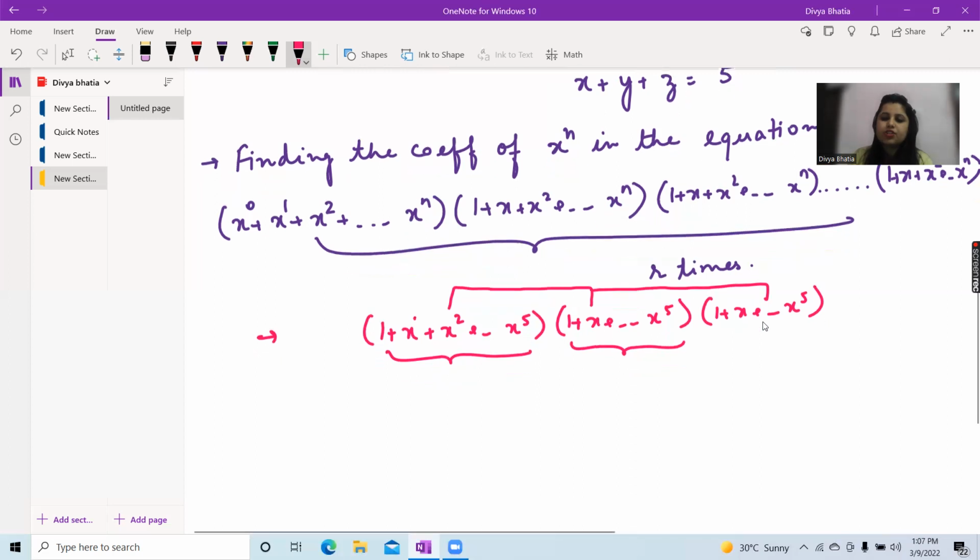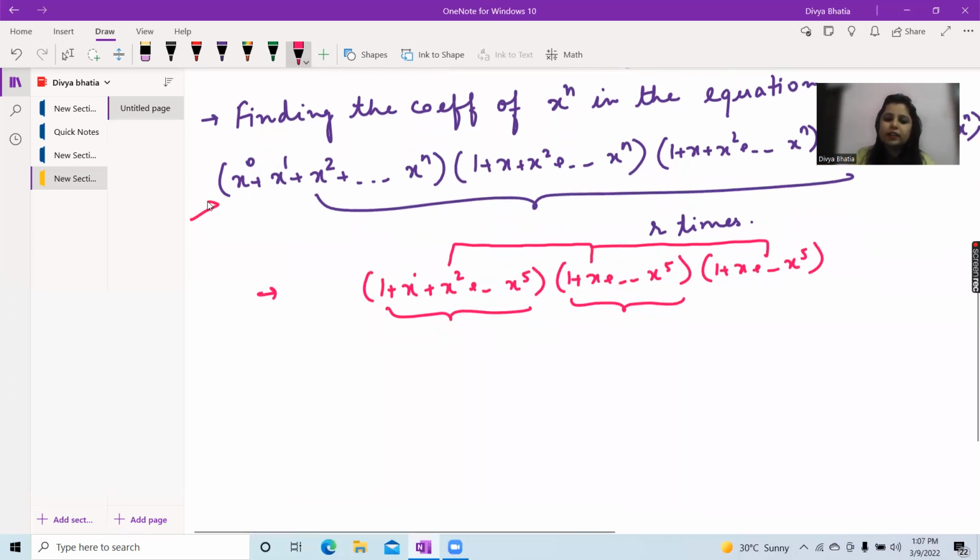So for generalization, I'll find the coefficient of x to the power n in this equation. Now, as you can see, this will be (1 + x + x^2 + ... + x^n) whole to the power r.